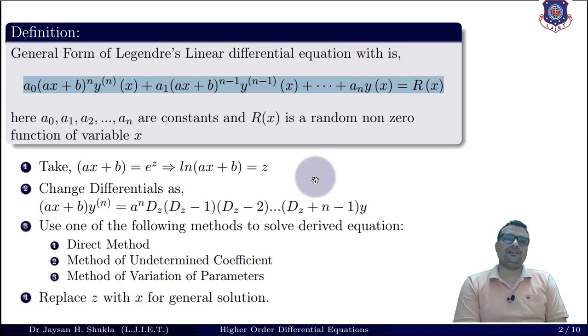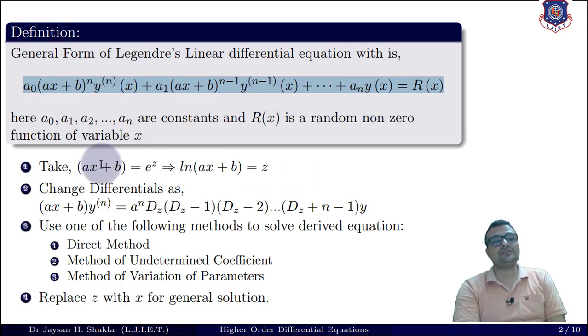So the first step in this method is to take the assumption ax plus b equal to e raised to z. Once you take ax plus b equal to e raised to z, it gives you log of (ax plus b) equal to z. Now this will change (ax plus b) raised to n times the nth derivative of y into this linear term.